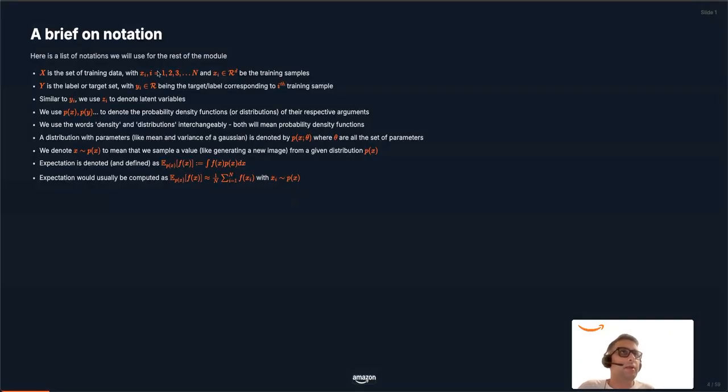So, these are the notations that I'm going to use for most of my slides. You have capital X, which is your set of training data. So what I'm saying is that capital X is basically a set of all these samples x of i, where i is 1 to n. So n is the number of training samples. And each x of i is probably a d-dimensional vector.